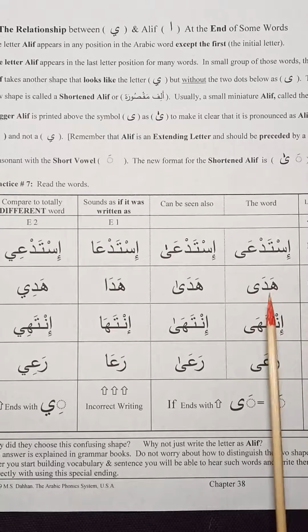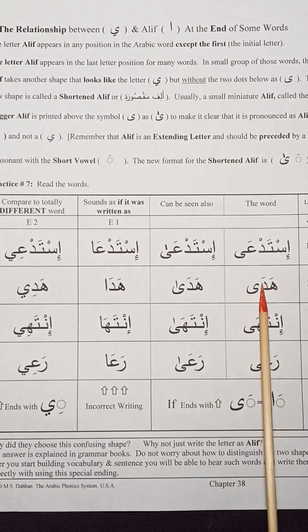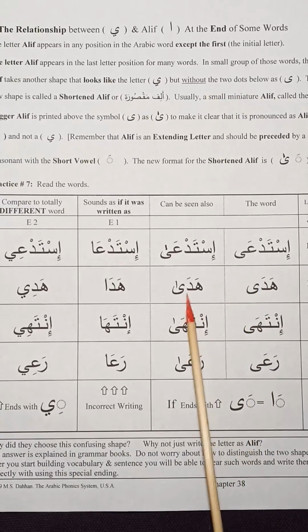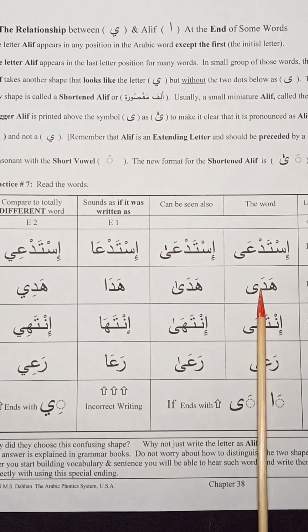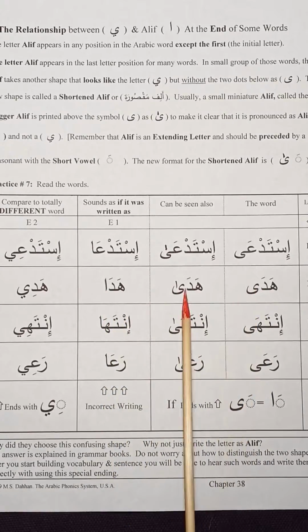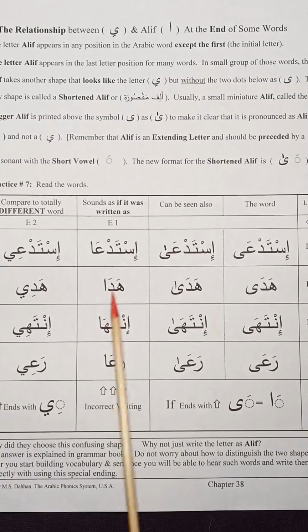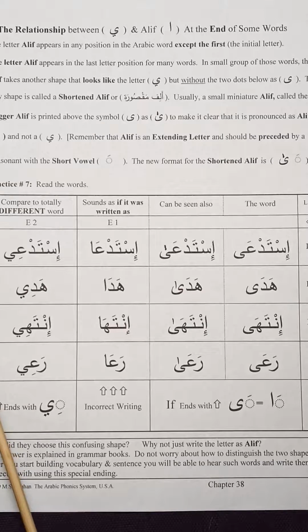Okay, this one, it's basically because this is like this, and this one is the same, and it should be pronounced as if it was written like this one. So these are a kind of version or special case of this. Why? That's a whole different talk.